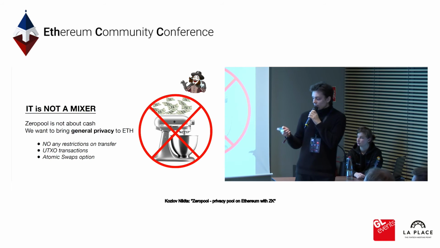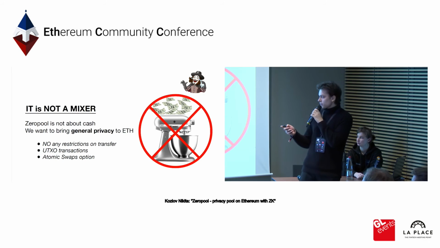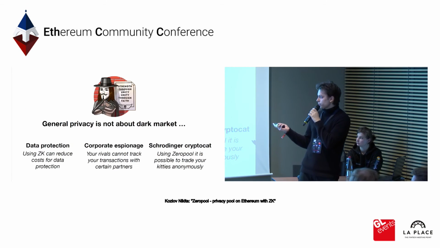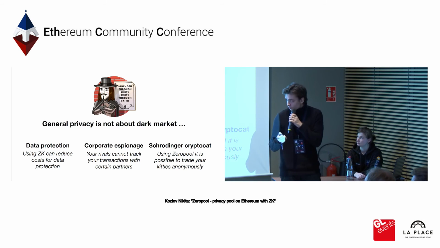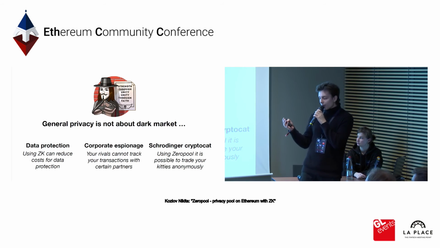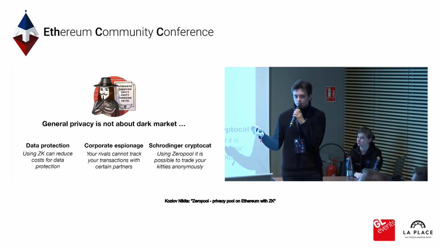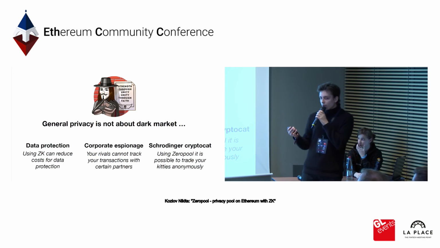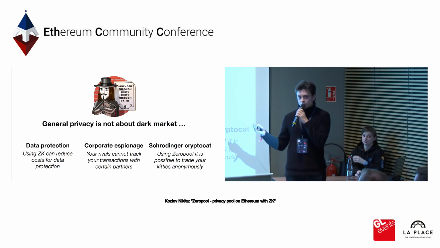And basically there are some principles why the architecture of the solution is actually pretty simple, and there are multiple use cases for general privacy. You can use private solutions not only to mix your cash.